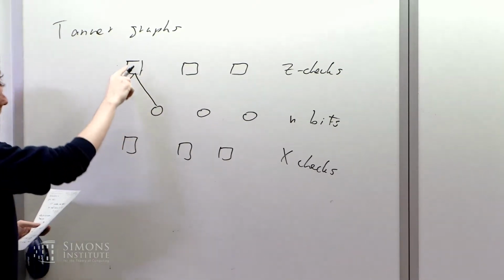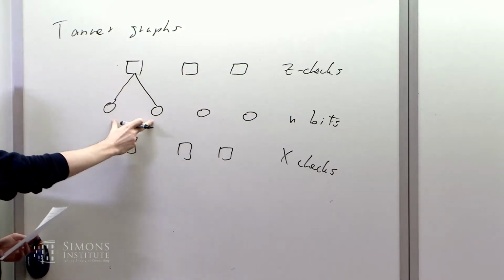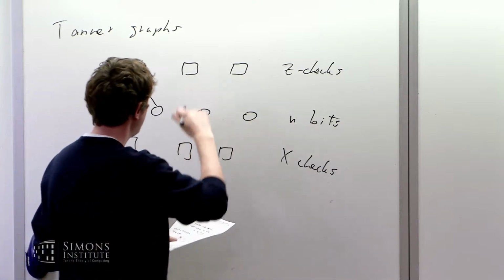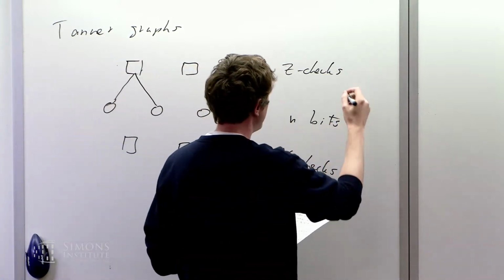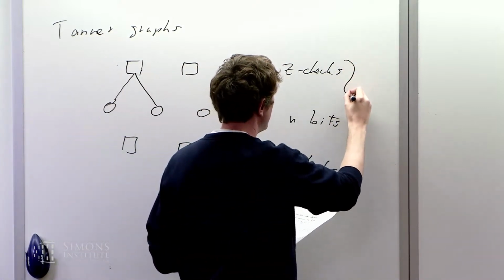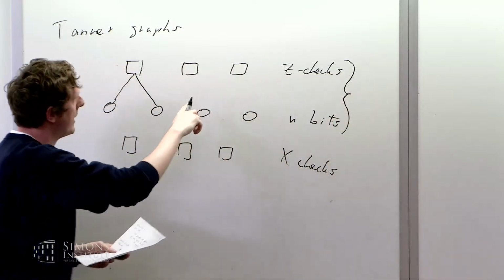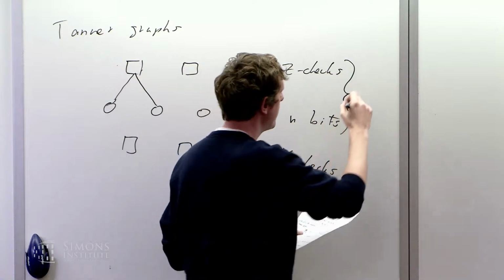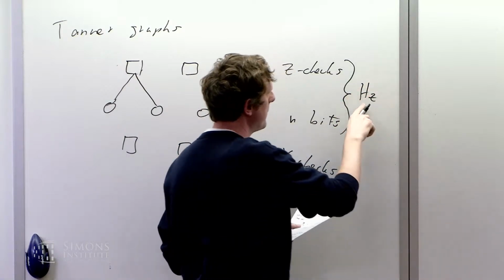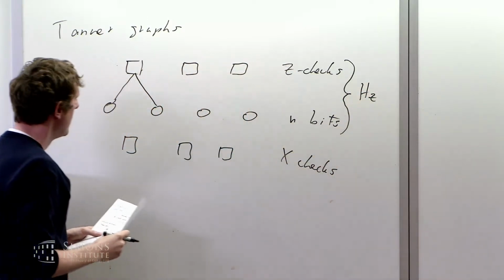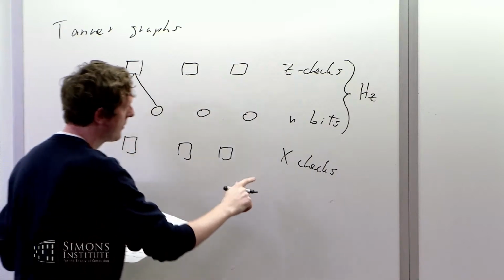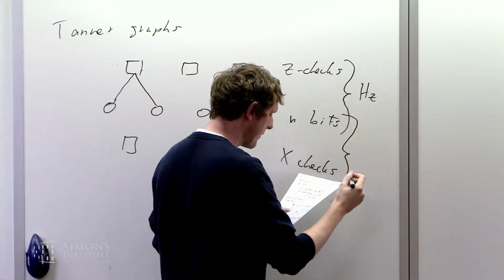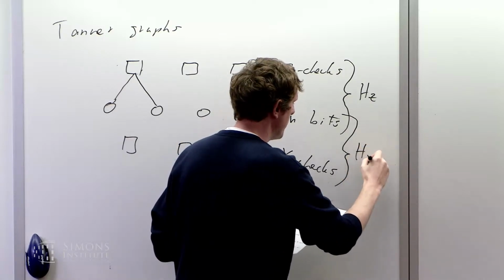So for example, this Z check acts on these two bits. I won't draw any more edges, but importantly, the incidence relation between these nodes and these nodes is encoded in the check matrix HZ, and similarly we have our X checks, and this will be the incidence relation encoded in this matrix.